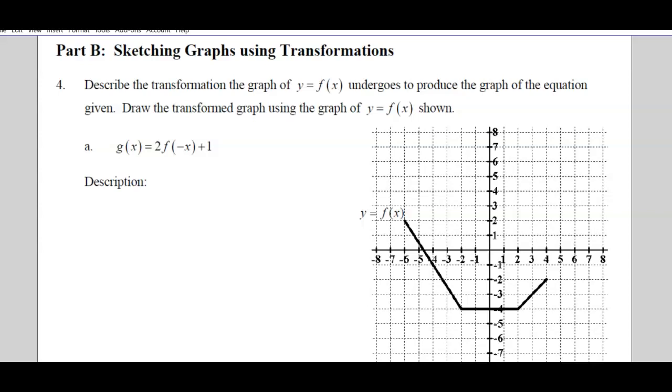They know that HS is not a formal definition of something. So you use words. In this case, we're going to use abbreviations just to save a little bit of time. It says describe them, so describe means use those words. And then draw the transformed graph.